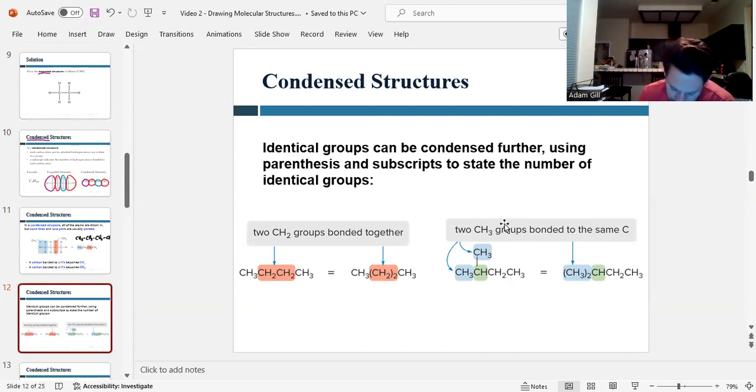Or in this case, we've got a CH3 and another CH3, both attached to the same carbon. So we could condense those further and just write CH3 with a subscript 2, then CH, CH2, CH3. So this is just a method of further condensing our structure so that we have to write even less. Okay? These are different ways to represent the same molecule.